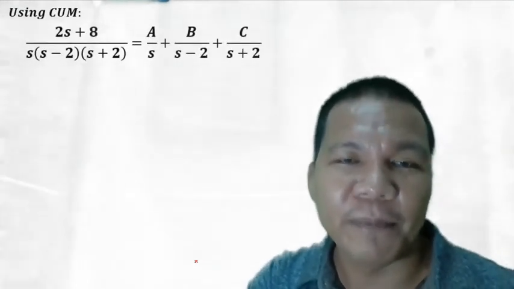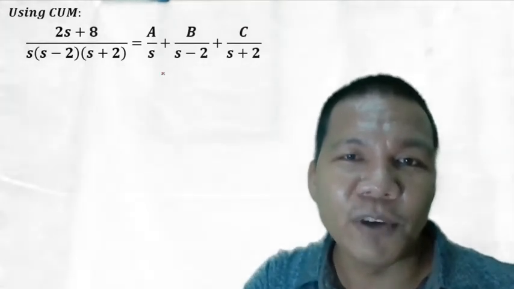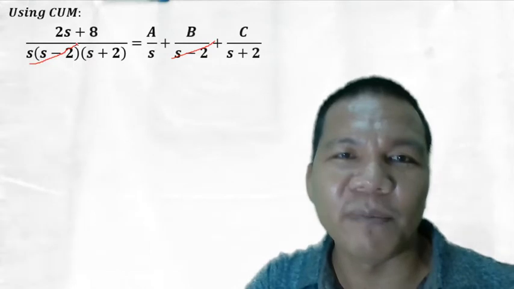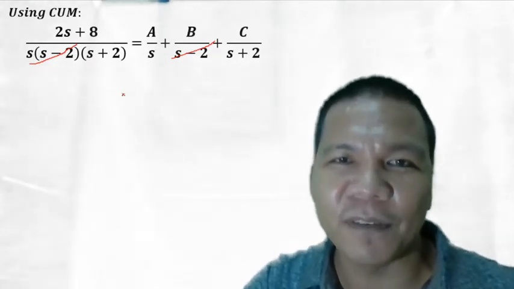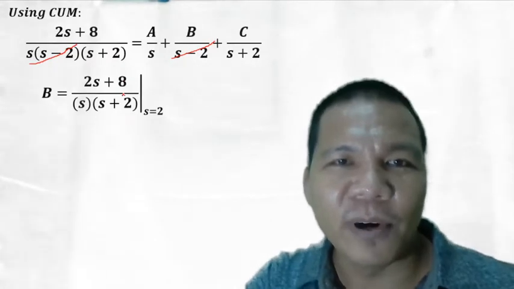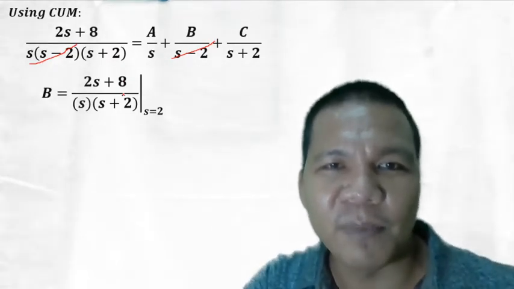Alright. Now, we will proceed to the value of b. To solve for the value of b, we need to cover up s minus 2 and s minus 2. What will be left? Okay, 2s plus 8 all over s plus 2.